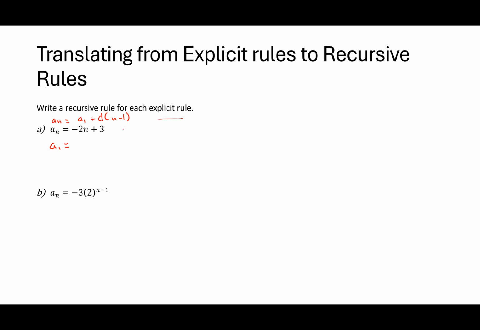So if I did a of 1 is equal to negative 2 times 1 plus 3, this should tell me my first term is a 1. I just needed to plug in the values and use the equation to find out what that first term was. Now, this is a linear equation.